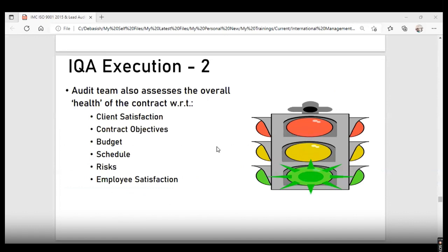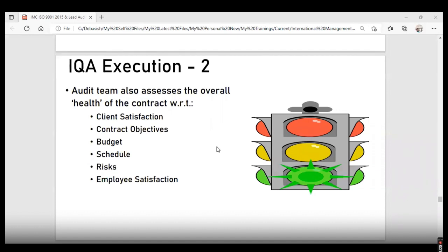IQA execution, part 2. The audit team also assesses the overall health of the contract with respect to client satisfaction, how satisfied the customers are. If there are any issues on that, they can highlight those. Contract objectives: whether the project or the department is really working as per the contract objectives.